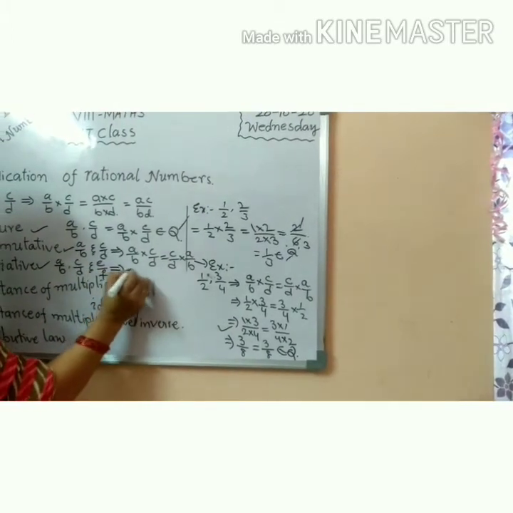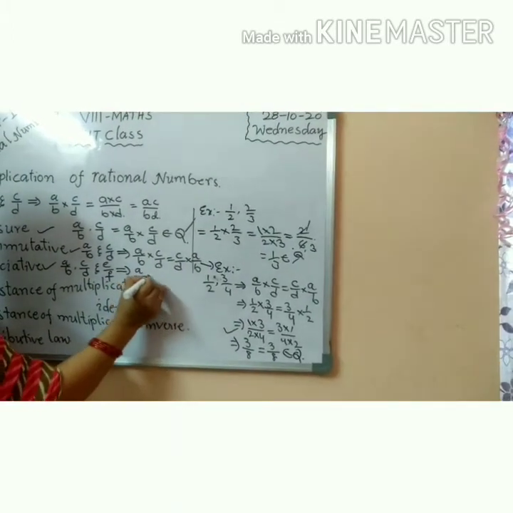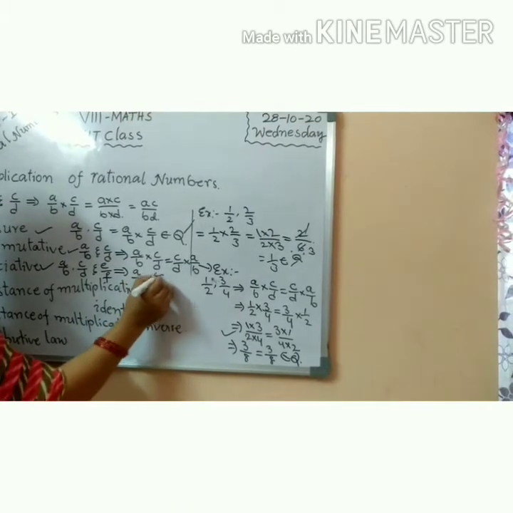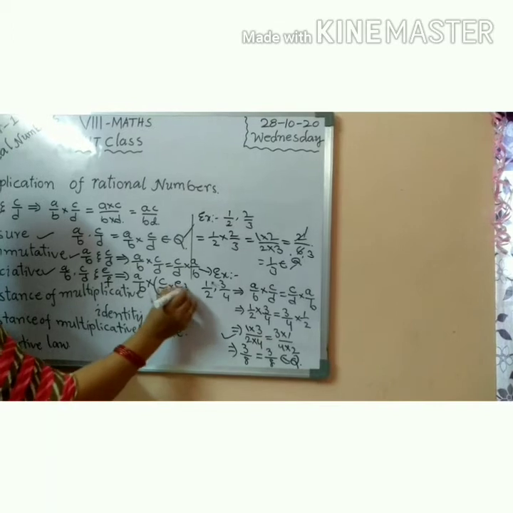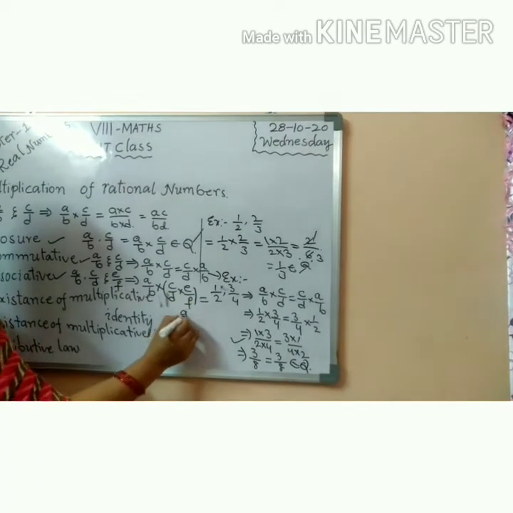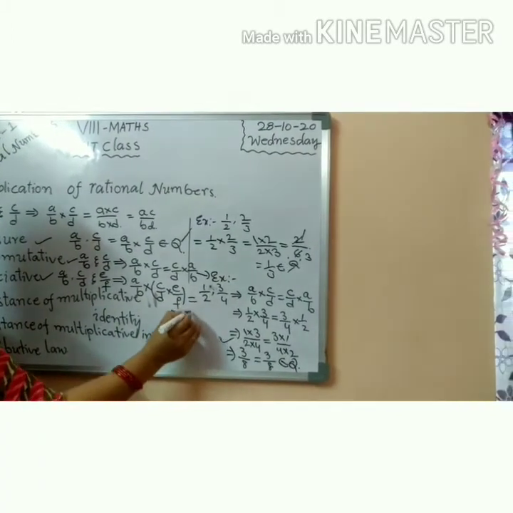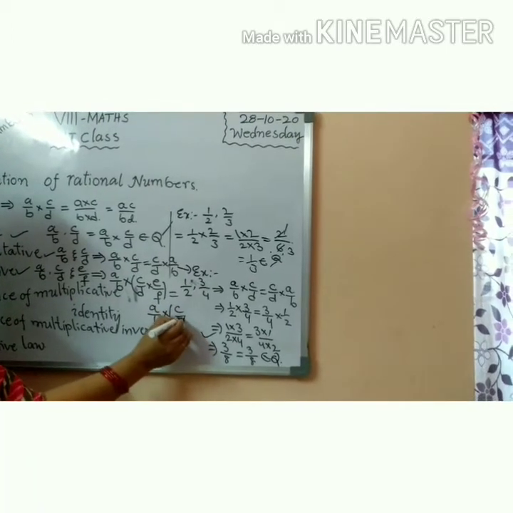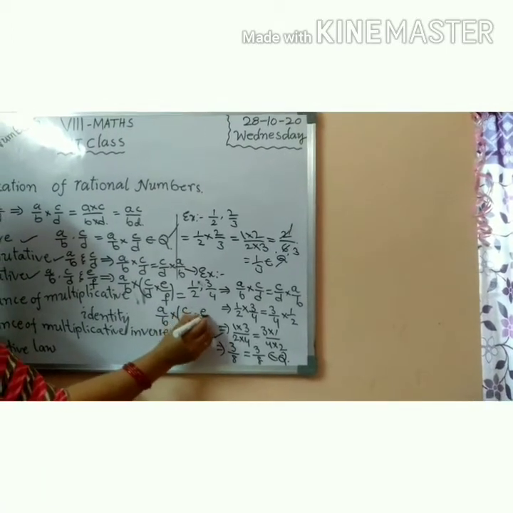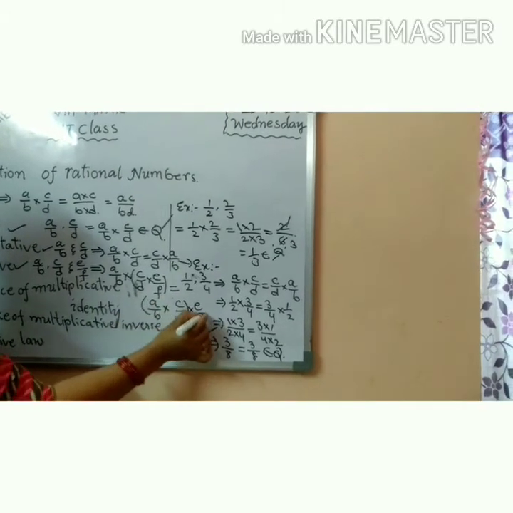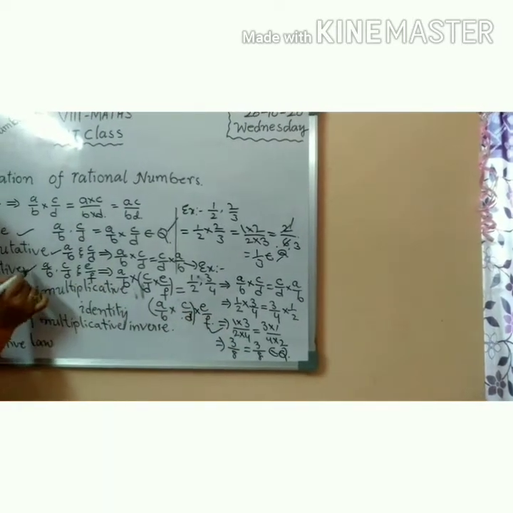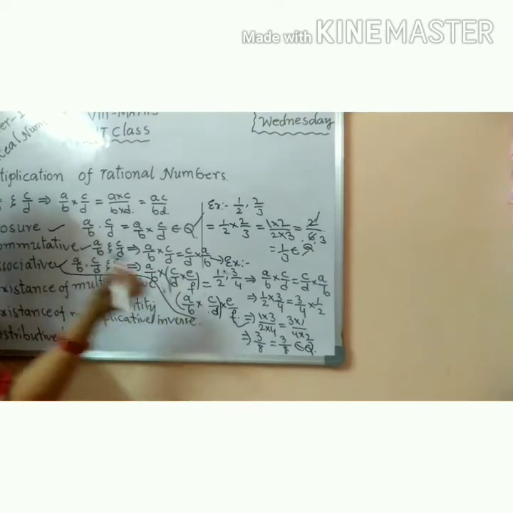Such that a by b into c by d into e by f is equal to a by b into c by d into e by f. It is the associative rule.